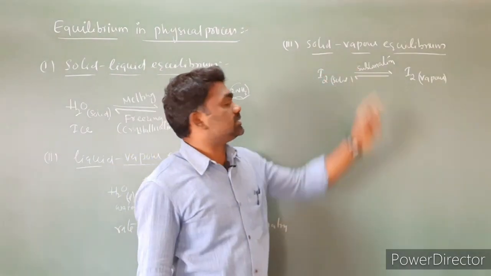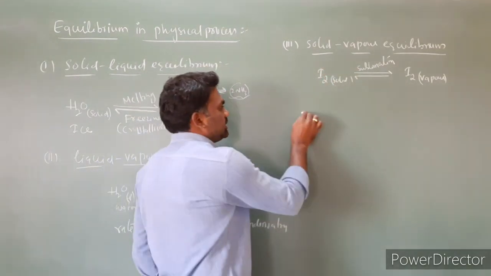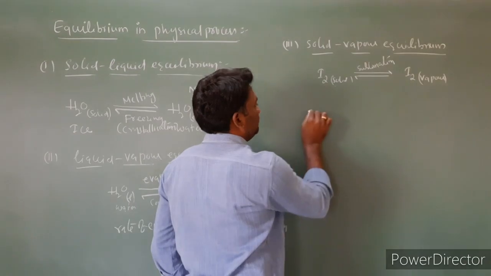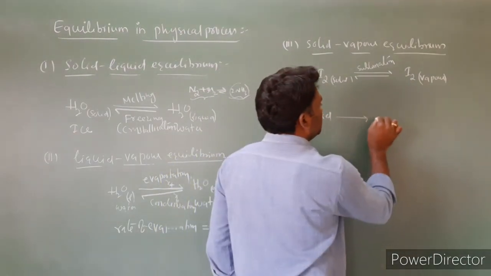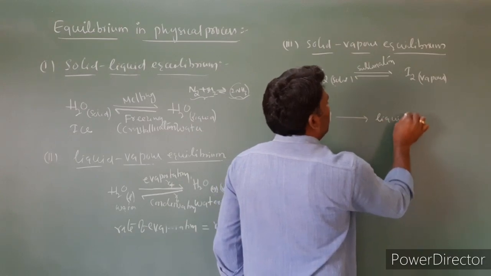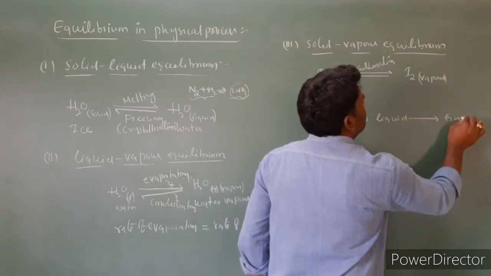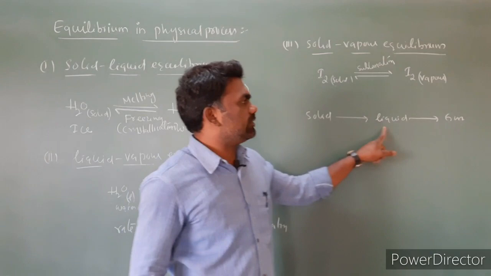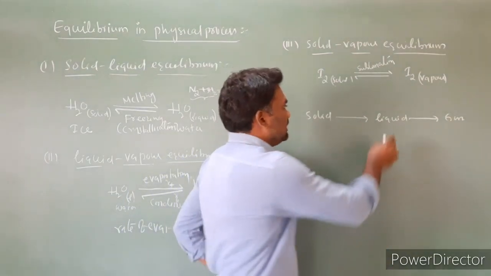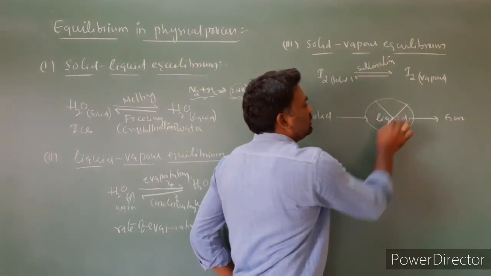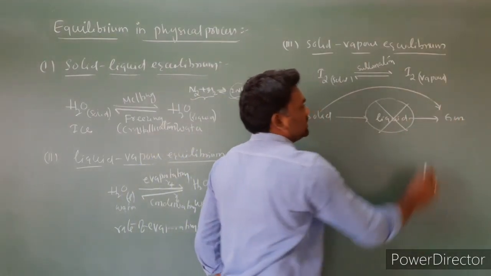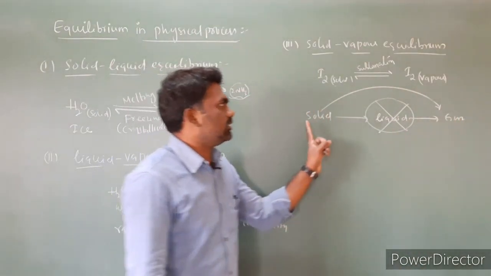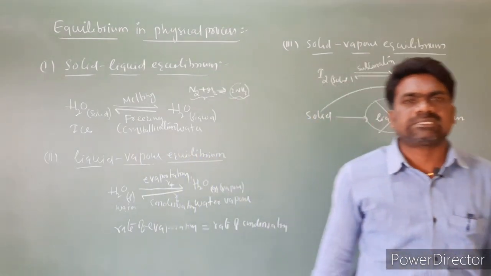What I mean is, normally a solid converts into liquid state, and liquid converts into gaseous state. But in the sublimation process, without the liquid state, the solid directly converts into gaseous state. That we have to call sublimation.